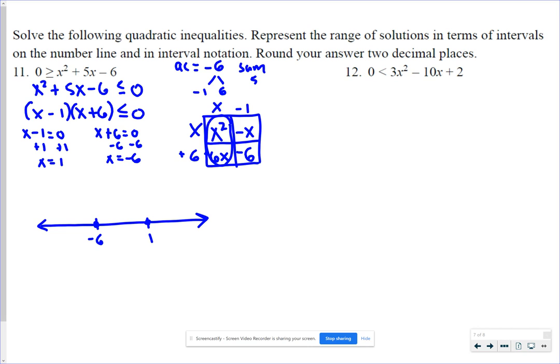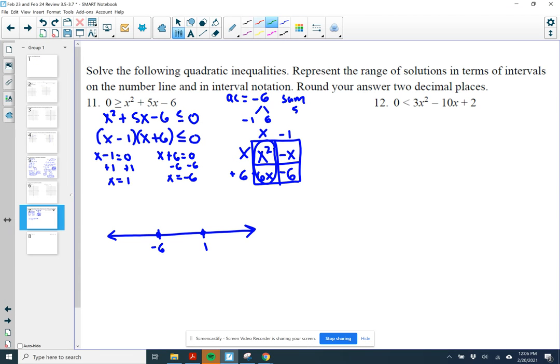Now, with this particular example, I'm going to do the sign chart. All right, let's remember how the sign chart works. So I'm going to put the factors x minus 1 and x plus 6, and I'm going to analyze where they're positive and where they're negative.